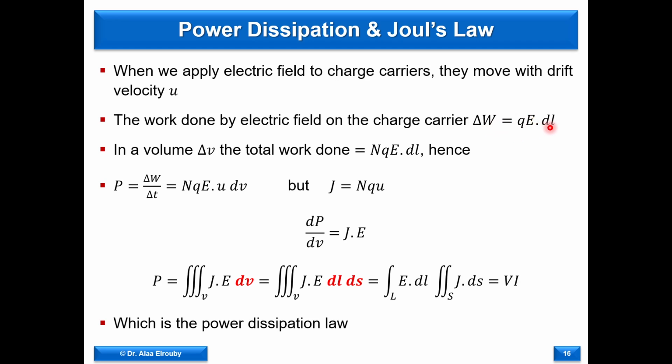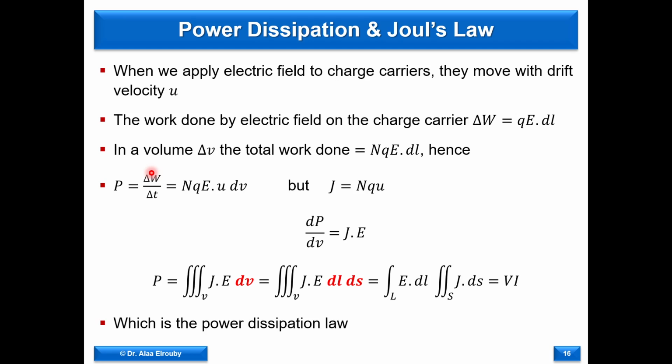It's force dot dl, Q E dot dl. If we have a small volume, the total work done would equal n, the charge per unit volume, times Q E dot dl. So this is the work done.